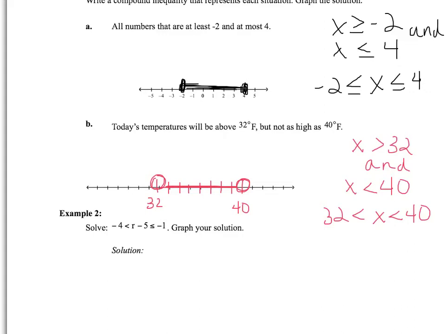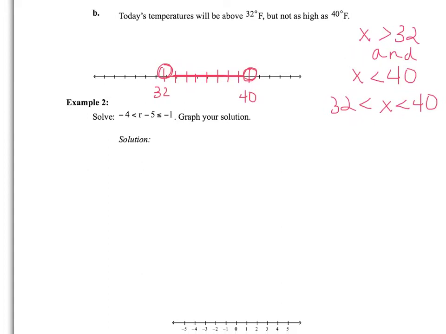So I'm in between here. For the next example, these are problems that you might see in your book. Let's look at the first one. If we want to solve for r, here I have -4 is less than r minus 5, which is less than or equal to -1. How do we solve for r? There are two ways. One way is to add 5.